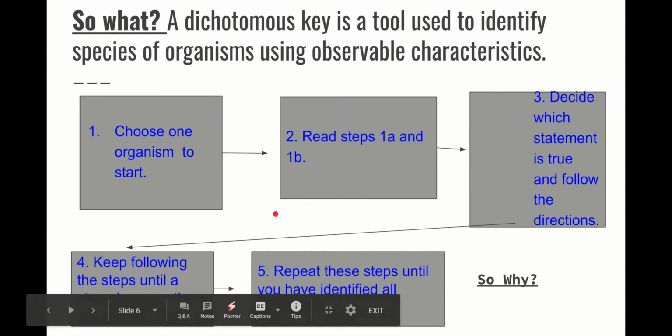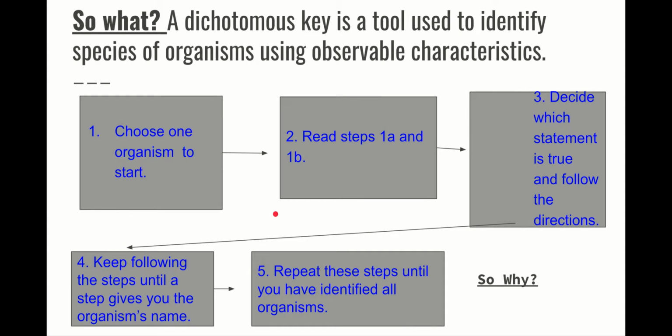Okay, so what we're going to do now is you're going to create your flow map. So what? A dichotomous key is a tool used to identify species of organisms using observable characteristics.